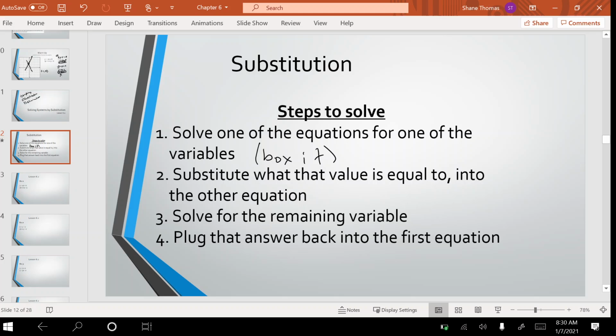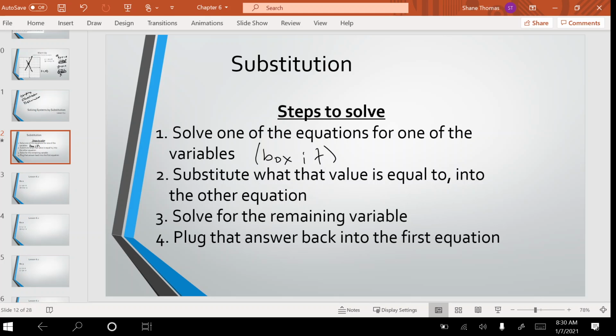We know how to solve something if we just have an x or just a y. So that's what we're trying to do. You're going to get one of the variables all by itself and put that in a box, substitute what that value is equal to in the other equation, solve for the remaining variable, and then plug it back into one of the originals.